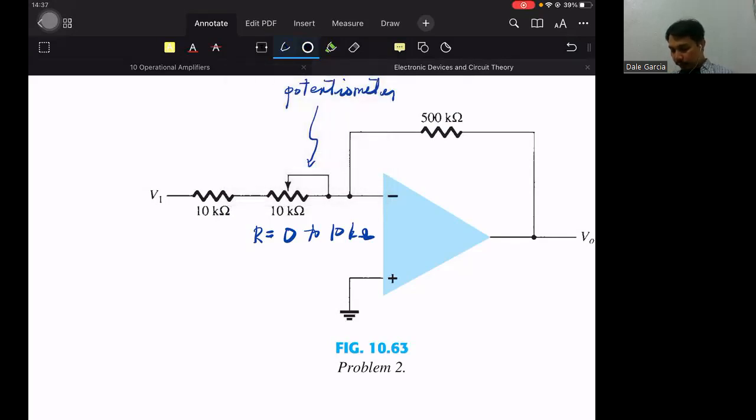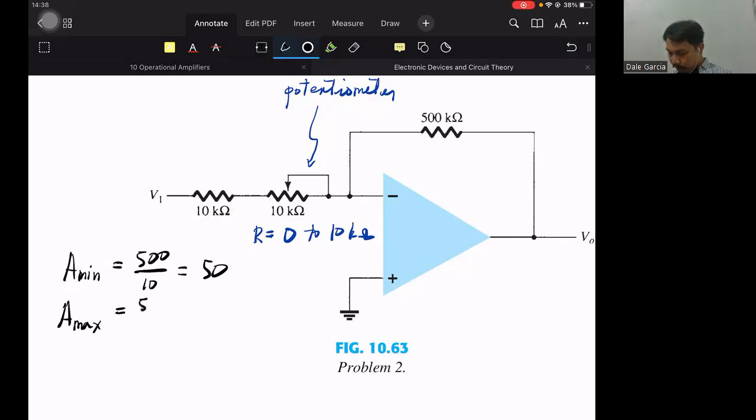That's the gain. If we turn the knob to the maximum, meaning 10K is the value of the potentiometer, then 10 plus 10 is 20.